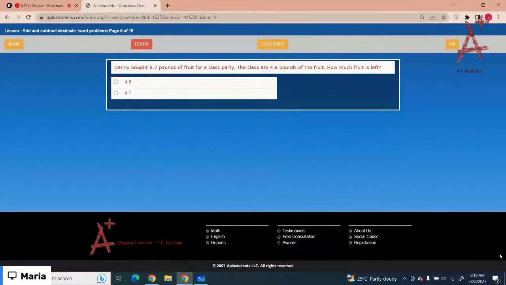Danny bought 8.7 pounds of fruit for a class party. The class ate 4.6 pounds of fruit. How much fruit is left? You don't read any question from the board. So what do you have to do, add or subtract?